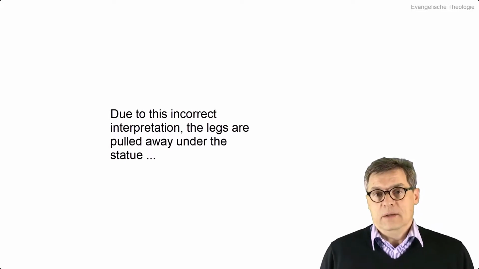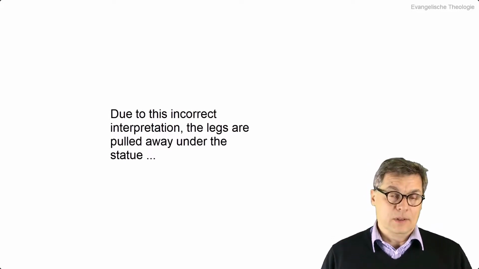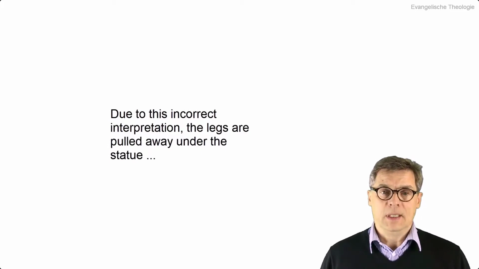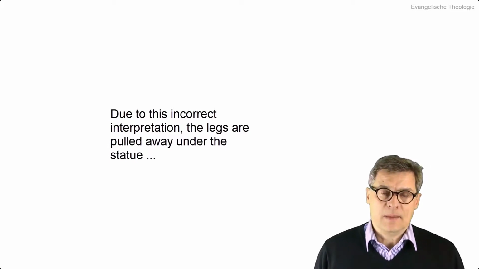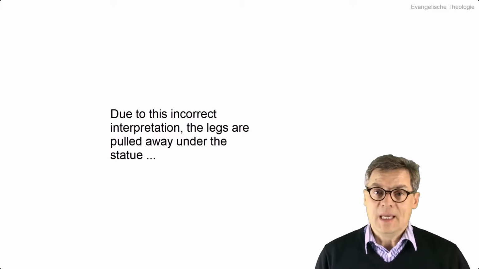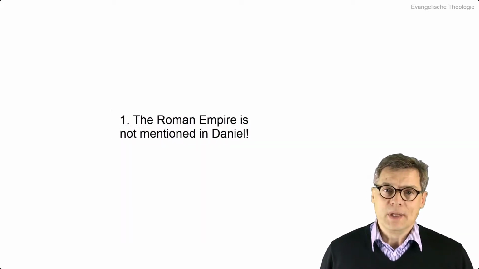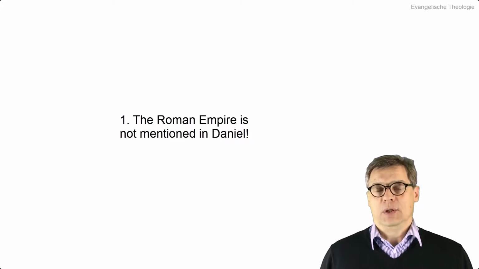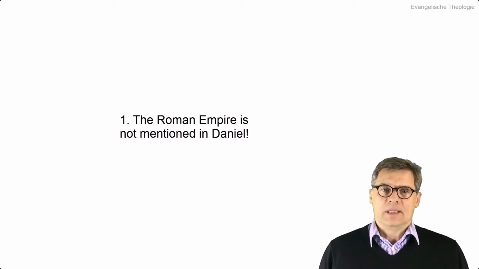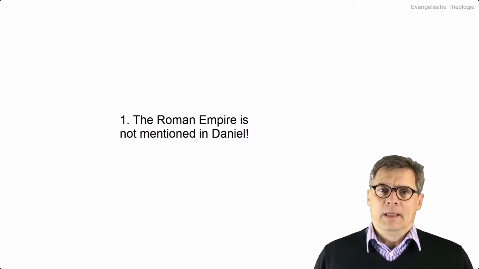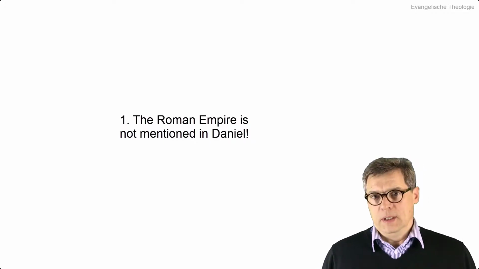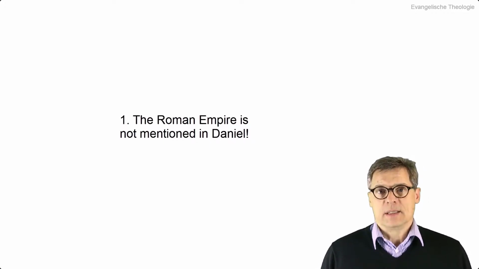But now we see that there are even more weighty reasons for assuming that the Roman Empire can't be meant by these two legs. The first is, the Roman Empire is nowhere mentioned in Daniel. It's even as if Daniel wants to say that he did not forget Rome, but he doesn't mean Rome. He means the Seleucids and the Ptolemies.